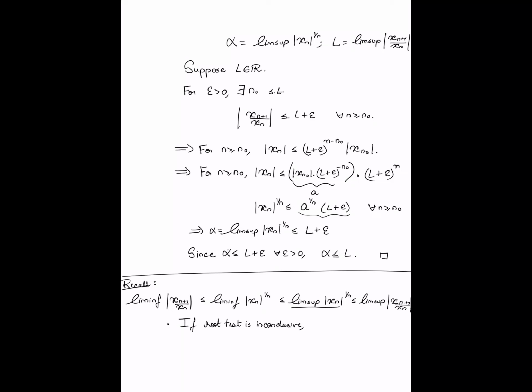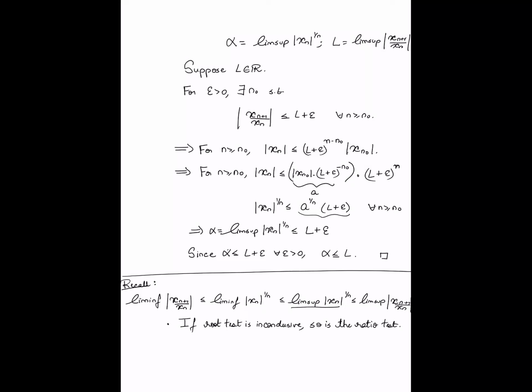So if the root test is inconclusive, so is the ratio test. Right? So that also tells you that the root test is more powerful than the ratio test. The negation of this very claim is that whenever the ratio test is conclusive, the root test is also conclusive, right? So again, that also implies the same thing, that the root test is more general, more powerful.